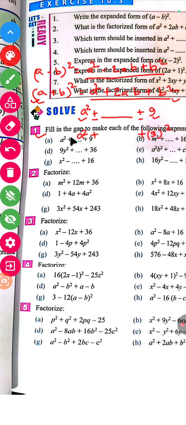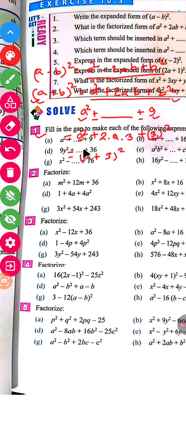Now I have understood my first term is a and the second term is b. So a square plus, from the formula we can take 2, then in the place of a, a itself is there, and in place of b, 3 is there. So here we go with the formula, a plus 3 whole square.